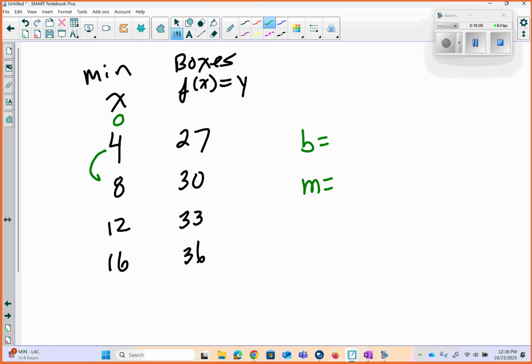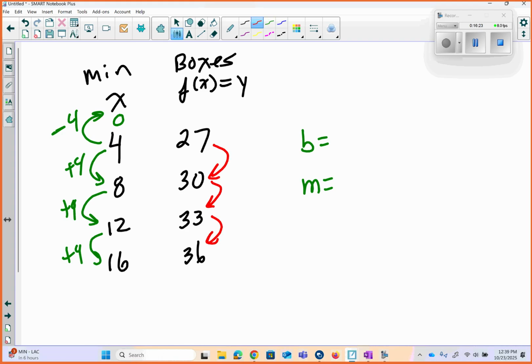Okay, so basically, I'm going up by how many each time here? 4. So in order to go backwards, I would have had to go -4 to get there, right? All right, so what am I doing here? How much am I adding each time or subtracting? 3. I'm adding 3, aren't I? Mm-hmm. So what do I do to go backwards then? Subtract 3.